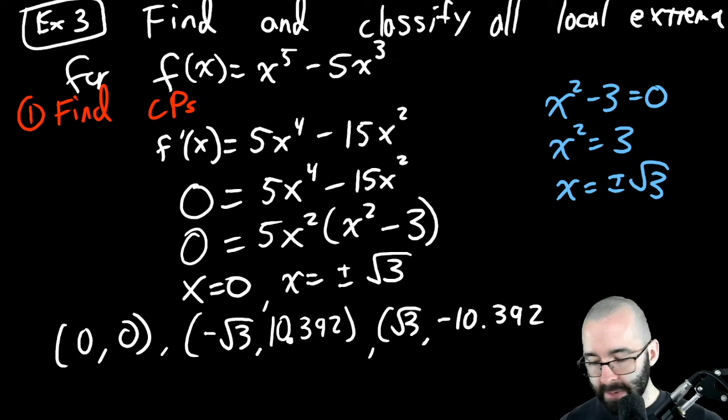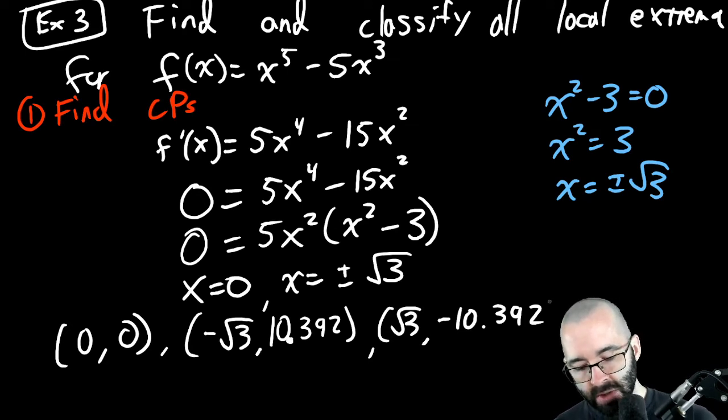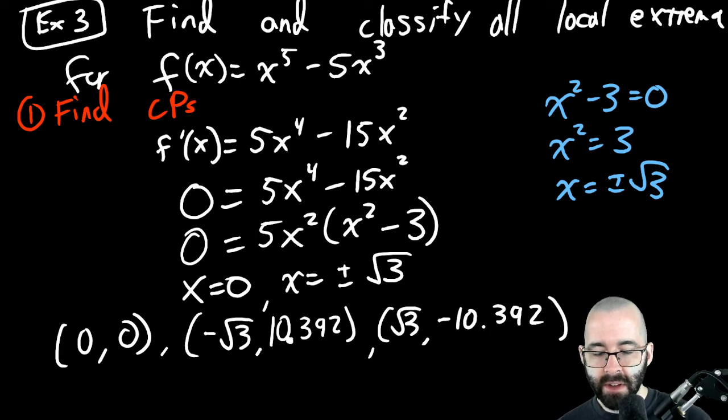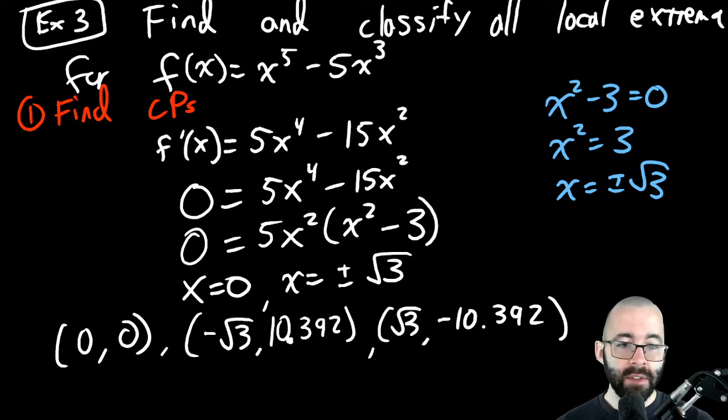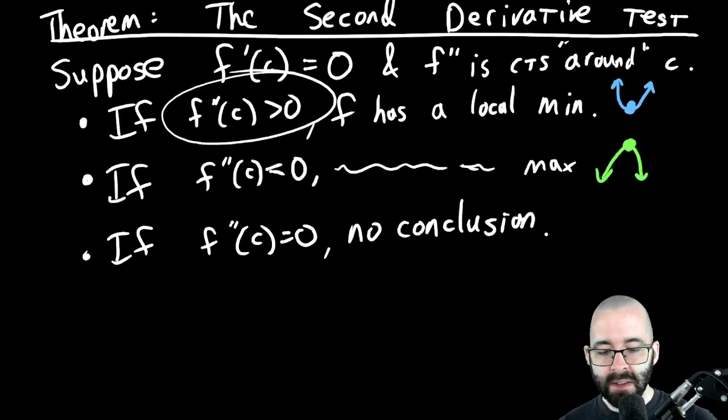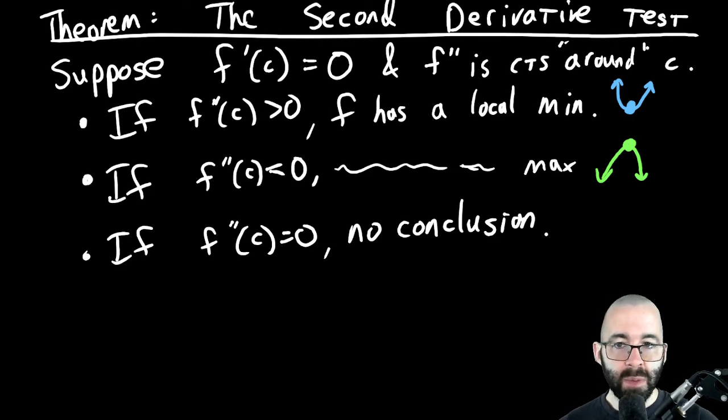All right. These are our critical points. We'll classify them with the second derivative test. So we actually don't need any chart for the second derivative test. Why? Because the second derivative test only matters what the concavity is at that specific point.